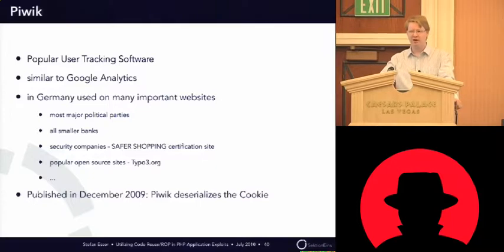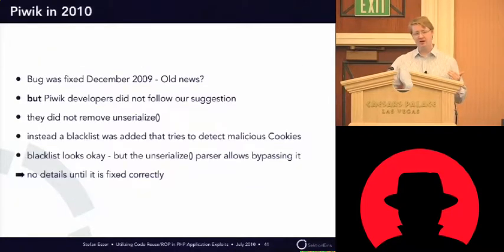A vulnerability that was unserializing user input, especially the cookie, and allowed remote code execution was disclosed by me in December 2009. And now we will look at this vulnerability. When you look at it now, 7 months later, you will maybe think, oh, it's old news, it's fixed.